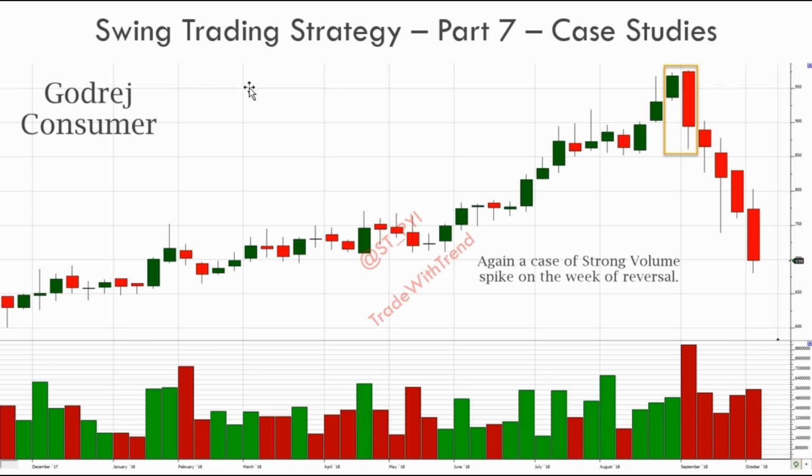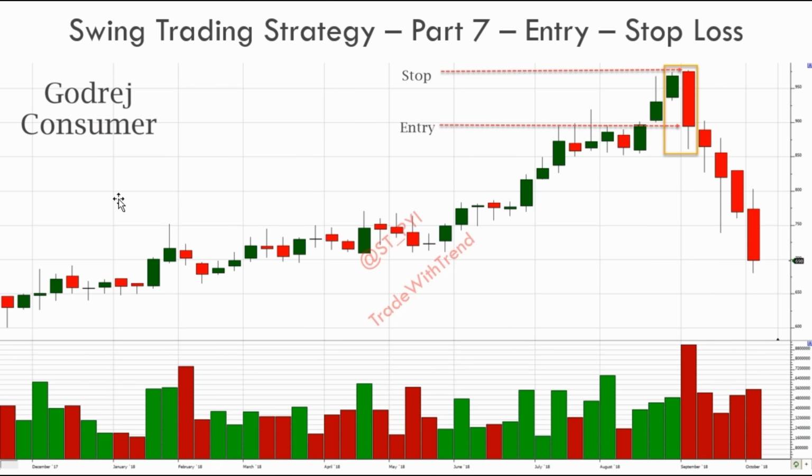So I'll just move to the entry, exit, and stop loss section. I've covered about 10 to 12 case studies. I'll just replicate this chart to explain to you about entry, exit, and stop loss. So clearly at the end of the week, when this candle forms and the closing happens, this becomes your entry point. The high point of this candle, your entry candle, becomes your stop loss when you're short selling.